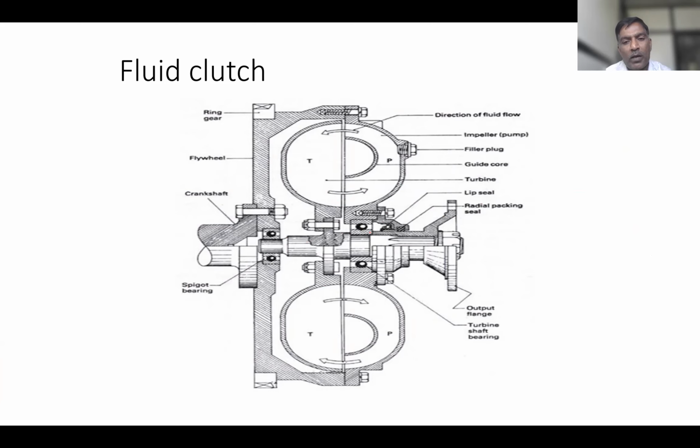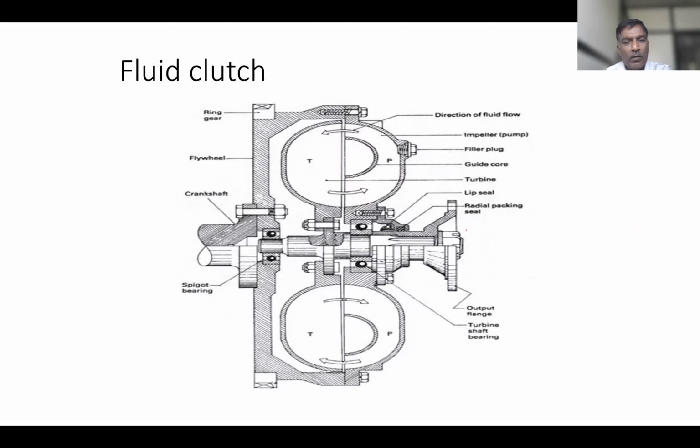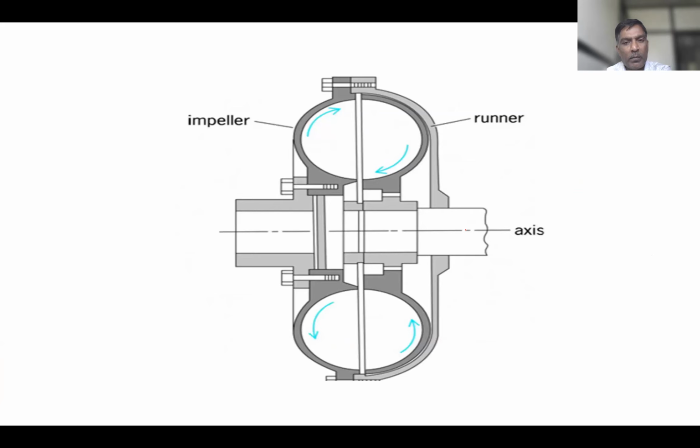So to have proper understanding, this is again, so in case of fluid flywheel, there are two components. One is pump impeller and another one is turbine runner.